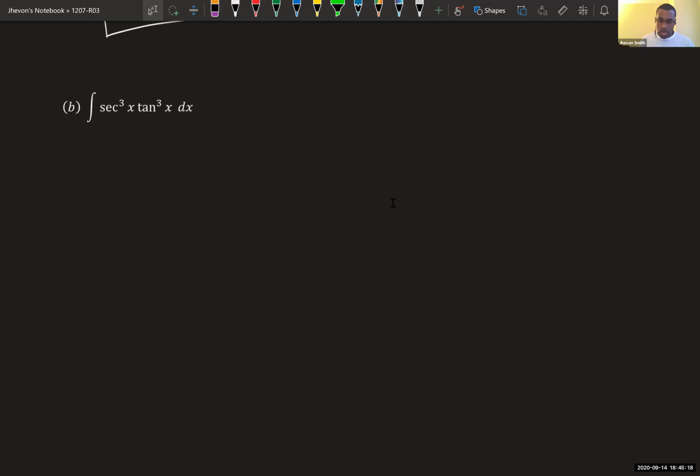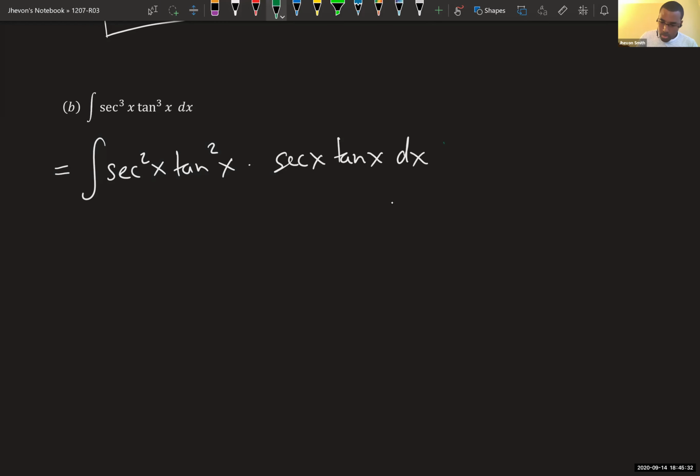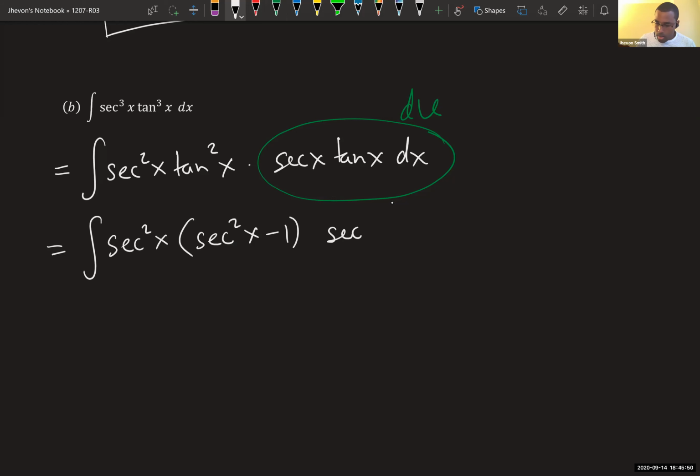And so what we would do here is, again, save a factor of secant tangent. That we want to be our du, which means I need only secants elsewhere, which means I'm going to change this tangent squared into secant squared by going into secant squared minus 1. And then I can do u equals secant.